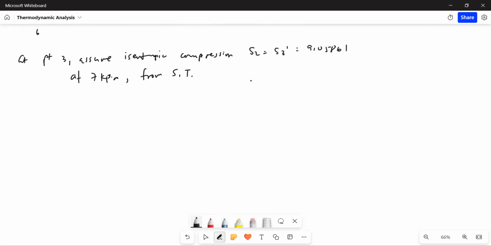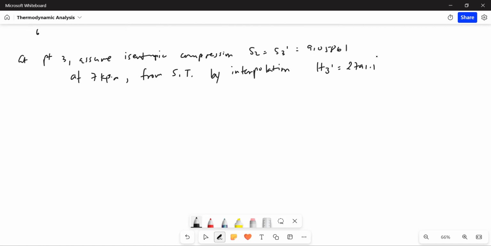Using the S3 prime, H3 prime by interpolation is 2791.1.